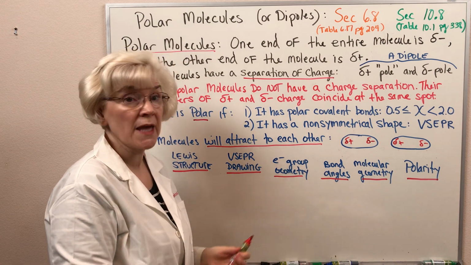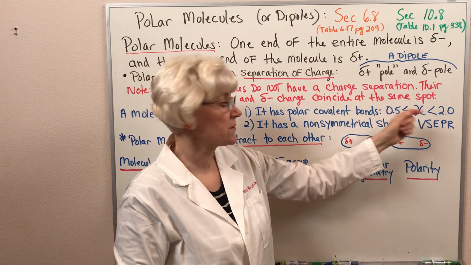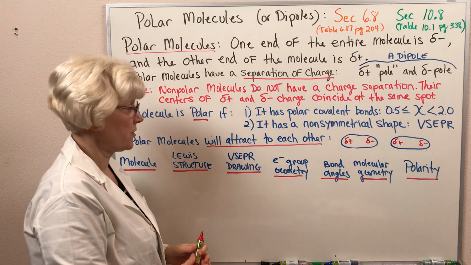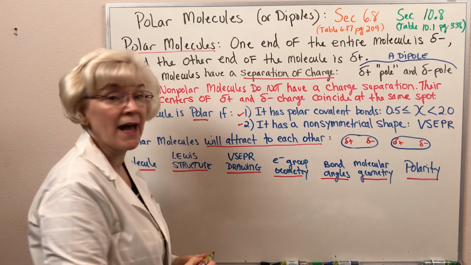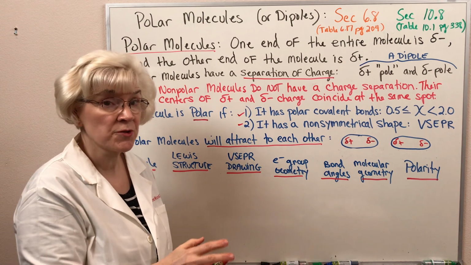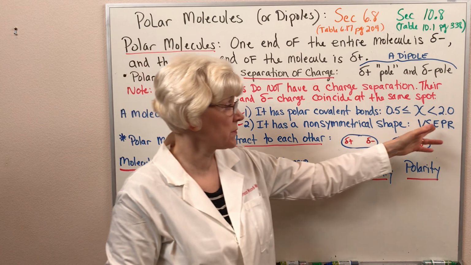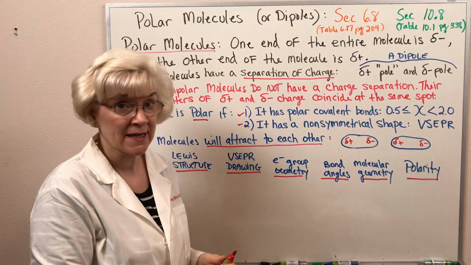So a bond will be a polar covalent bond if its electronegativity difference falls in the range indicated. But that's not the only criterion. In addition, the molecule has to have a non-symmetrical shape. In other words, we have to examine and explore the shape of the molecule using the ideas we discussed with the VSEPR theory.